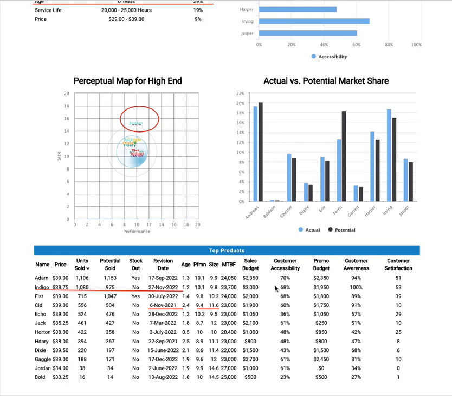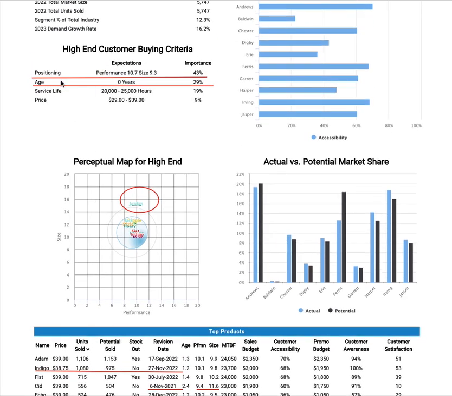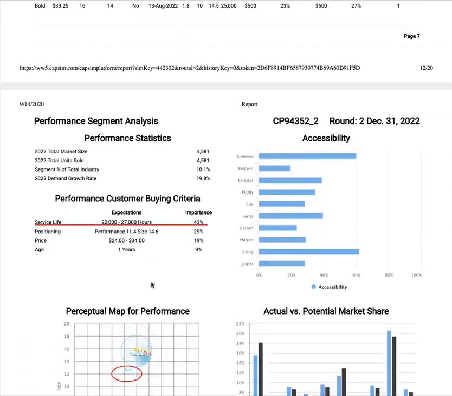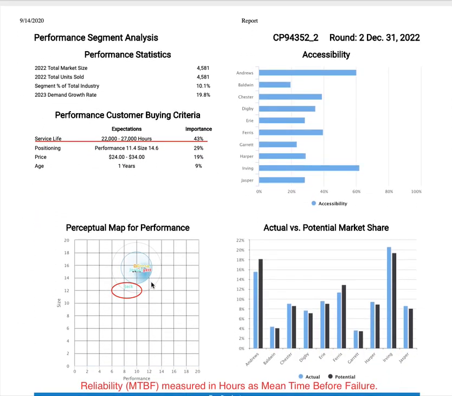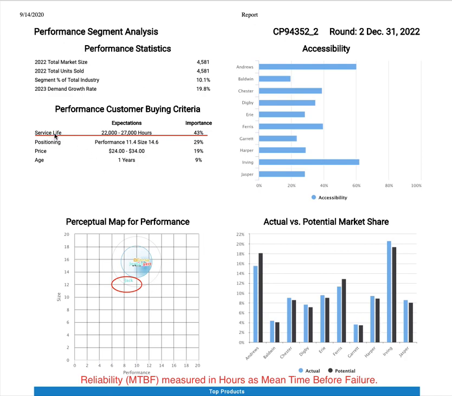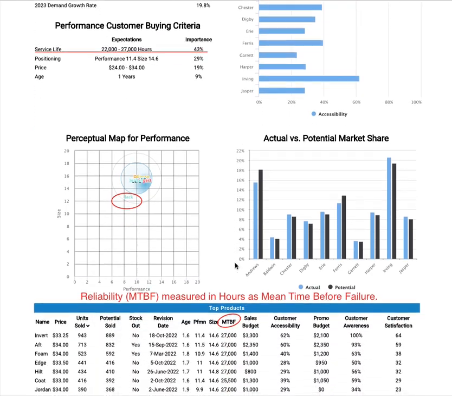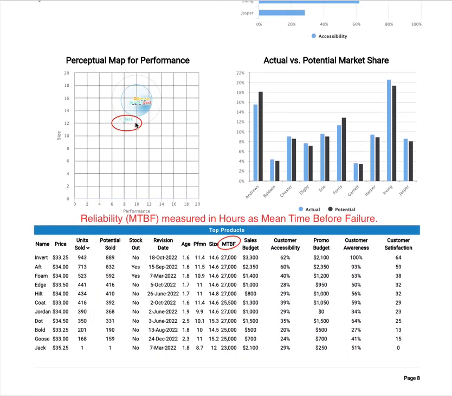Again, besides this reason, customer accessibility and promotions are very important. So some of the details you need to pay attention to, especially for high end, they care about age and positioning. So again, for performance, same. They focus on the service life, which is 43% importance. And this product Jack needs attention.